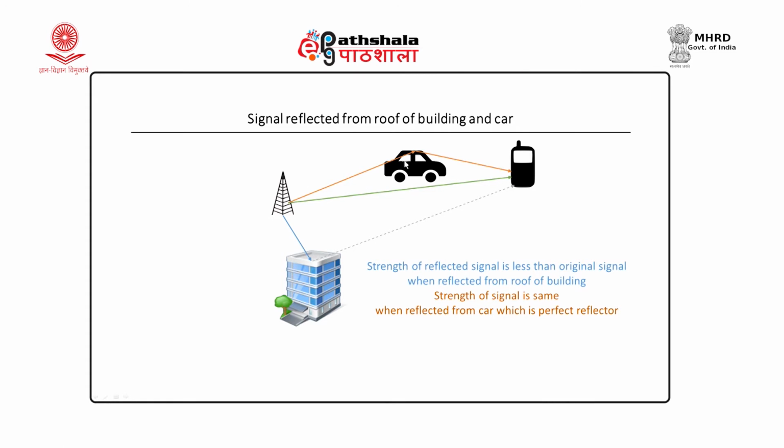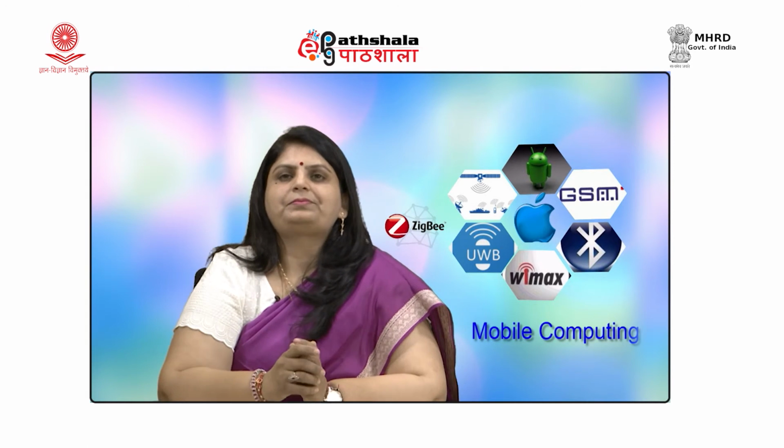Almost the whole energy is reflected back, but here it has been reflected from the ceiling of the building, so only a little part of the signal reaches the receiver.